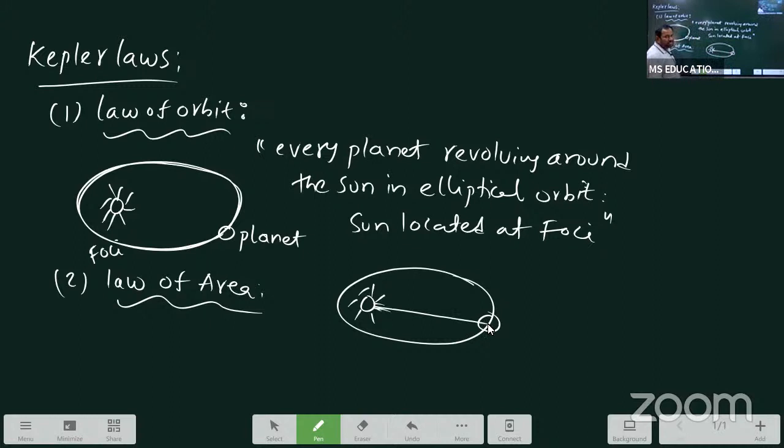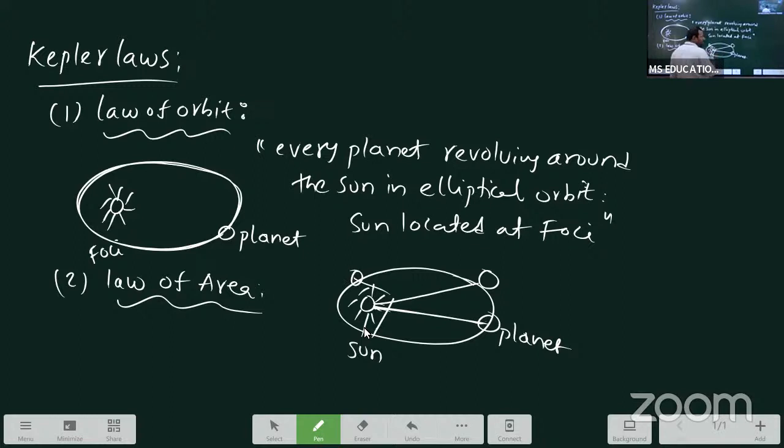A line joining the planet and the sun is the major axis. The major axis sweeps equal areas in equal intervals of time.